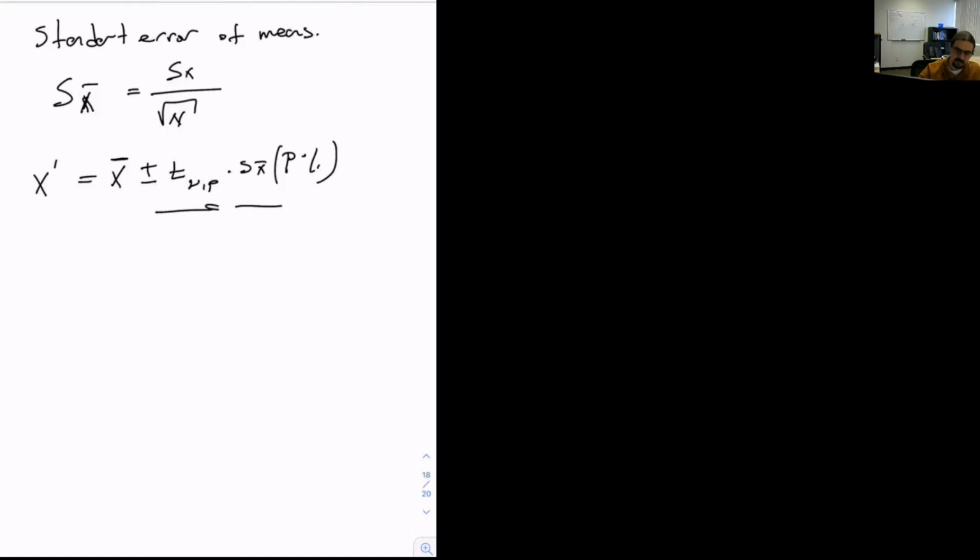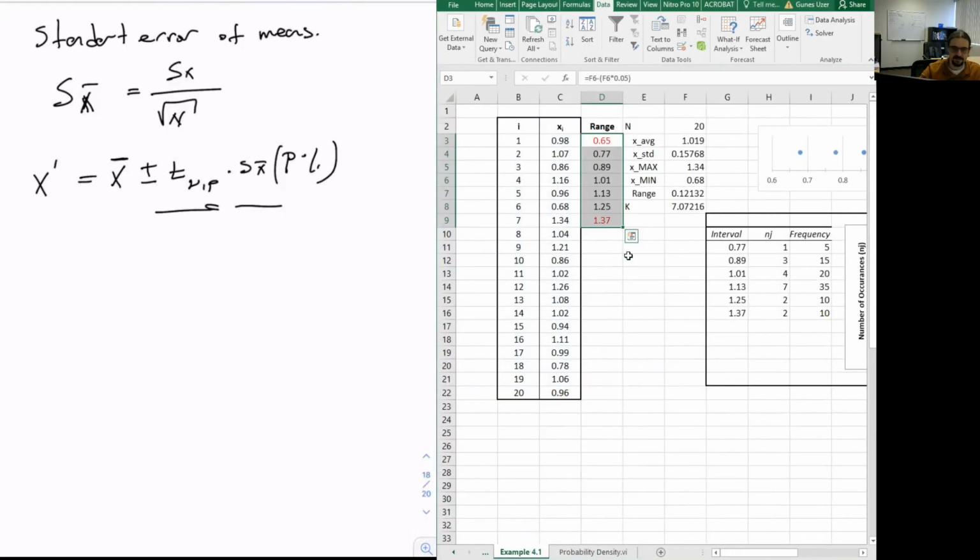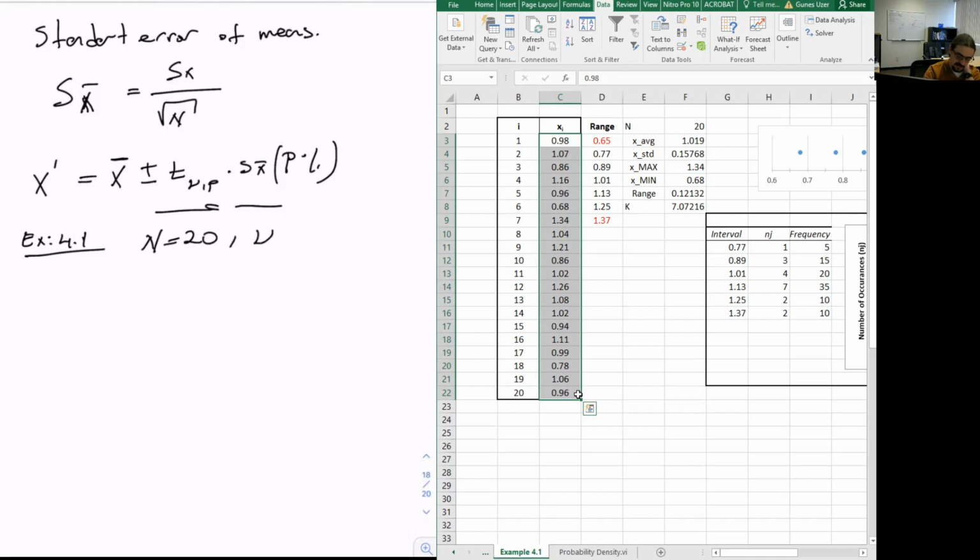Let's go back to the data table in example 4.1. Remember this, we have our 20 measurements. So our sample size is 20, which means our degrees of freedom is 19.